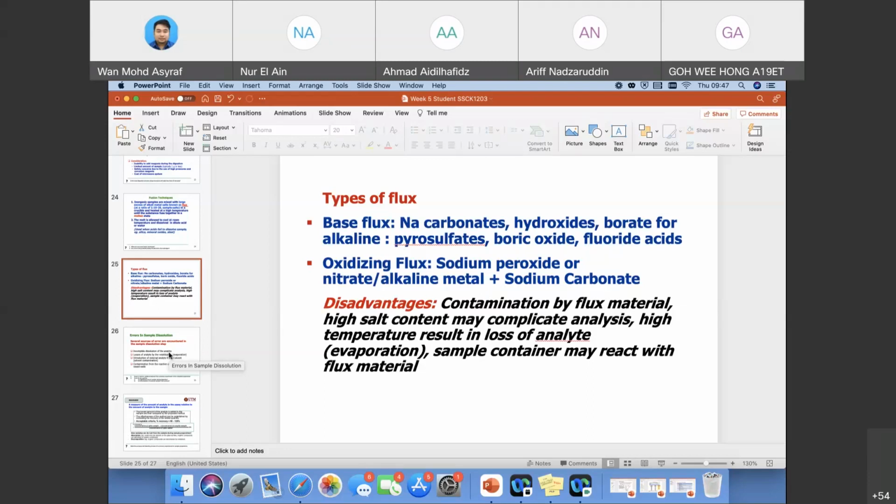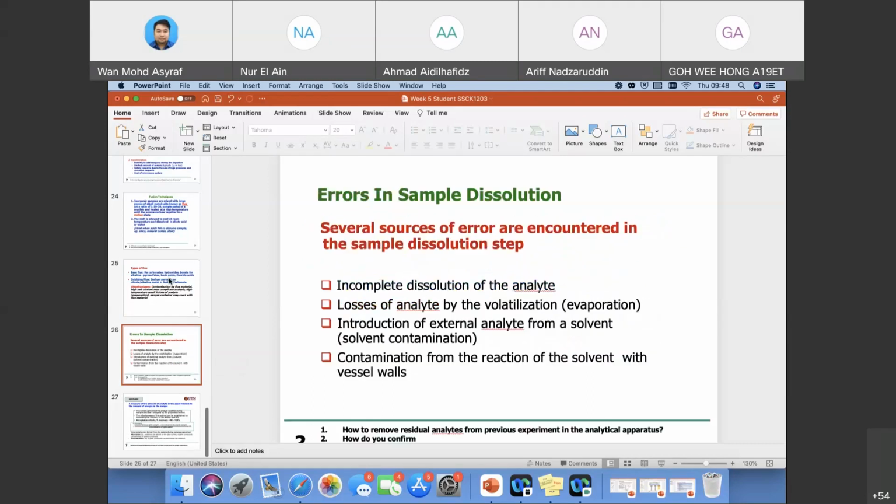This is also the same for using flux. So contamination by flux material, with its high salt content, may also complicate the analysis. Very high temperature when you place it in a crucible may also result in loss of analyte by evaporation. All right. So that is for flux.